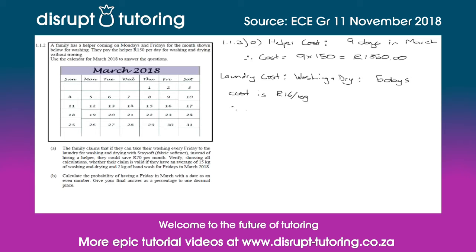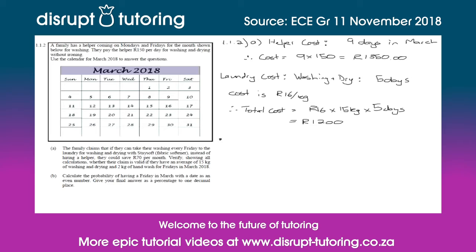Therefore, the total cost will equal 16 Rand multiplied by the 15 kilos multiplied by the 5 days in the month that they need to do it for. If we put this all in our calculator, that's 16 times 5 times the 15 kilos, which comes to a total of 1,200 Rand.